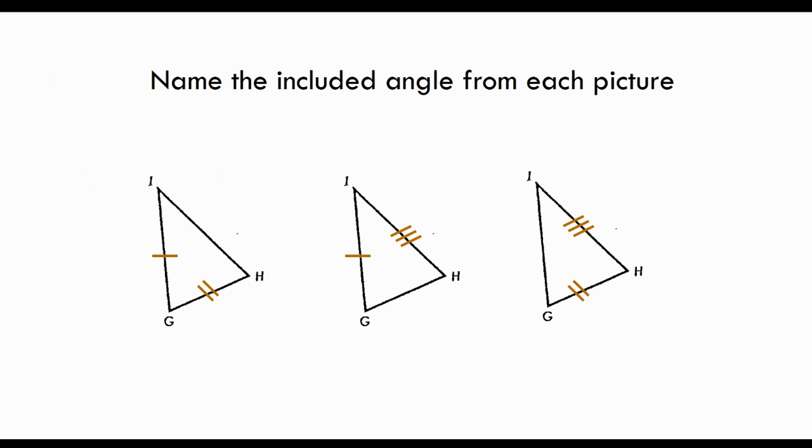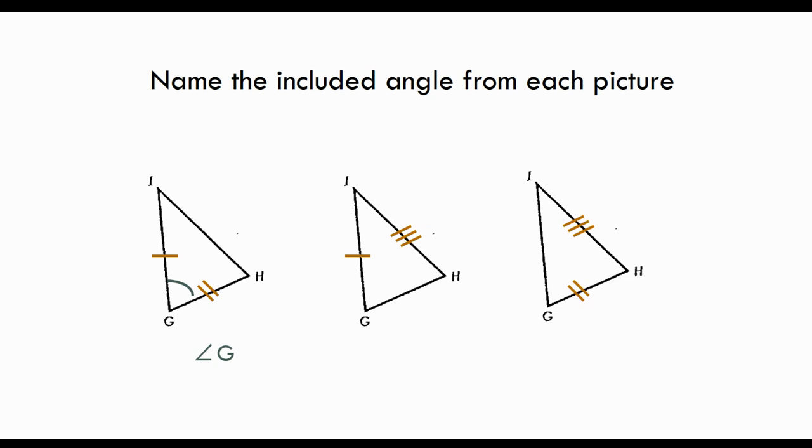So looking at this picture, we're going to name the included angle from each picture. So based off of the markings on the left picture, because I have the 2 sides, 1 tick mark, 2 tick marks, notice that the angle that's in between them is angle G. So that's the included angle.